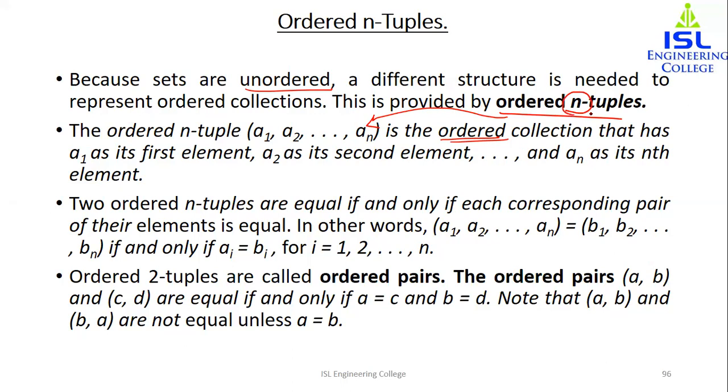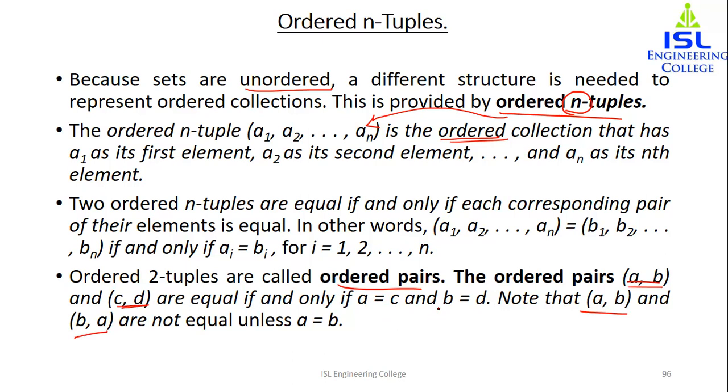N is the number of elements. If we have only two elements, then they are known as ordered pairs. (a, b) and (c, d) are two ordered pairs, and these two will be equal if a is equal to c and b is equal to d. Similarly, (a, b) and (b, a) will not be equal unless a and b are the same.